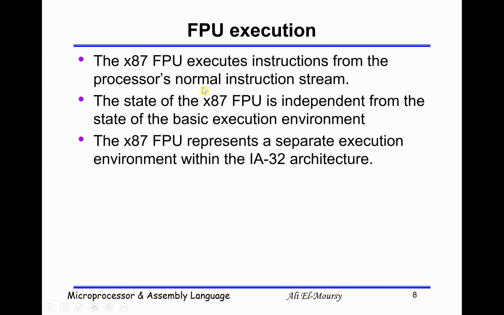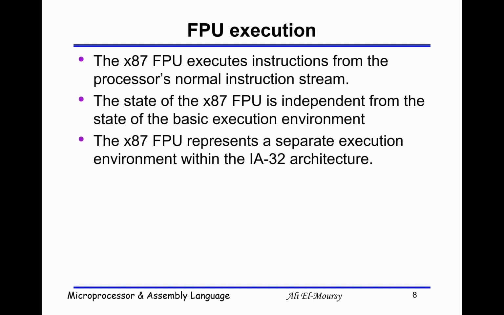So the status of the x87 is independent from the status of the basic execution environment. That's why it should keep some buffers to check its status. It may take a longer time to finish one instruction.